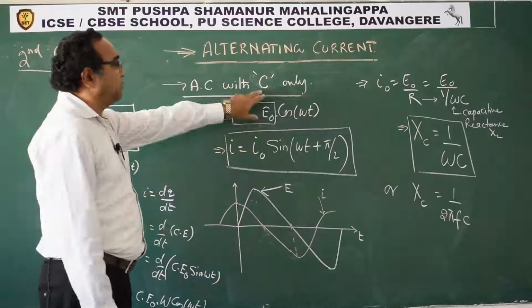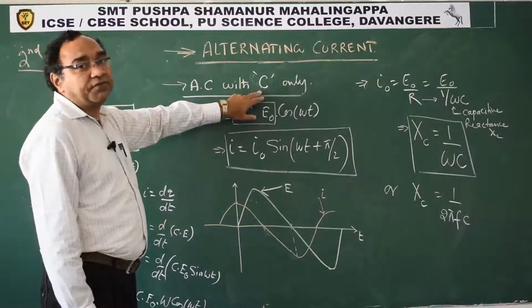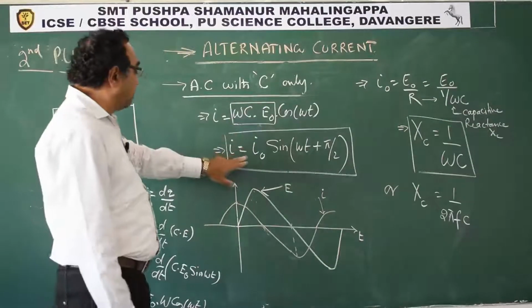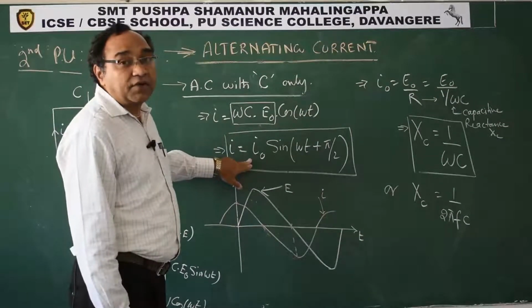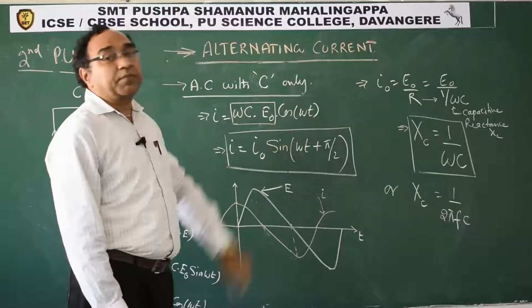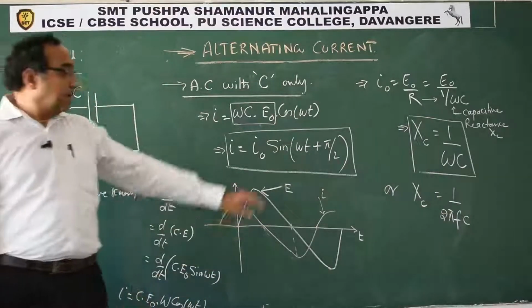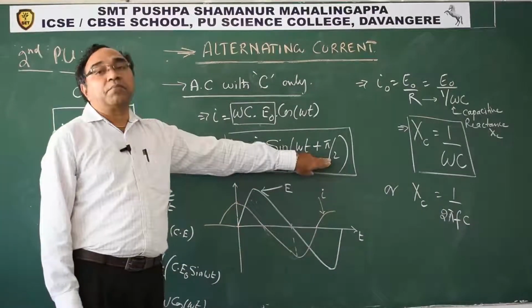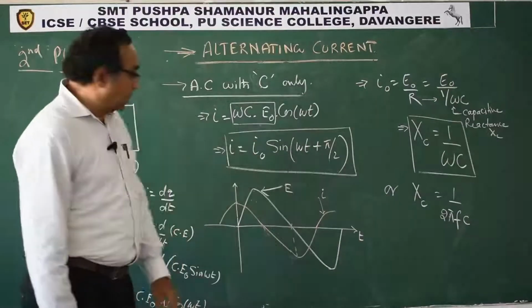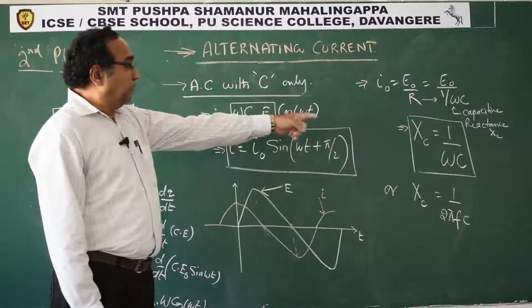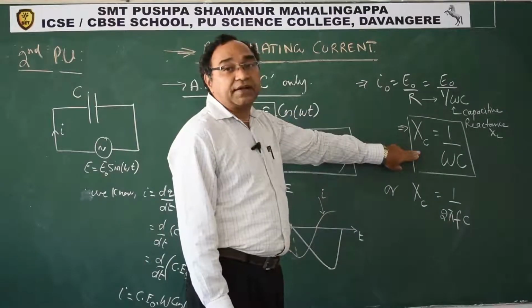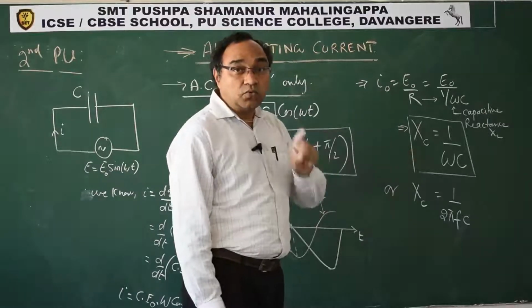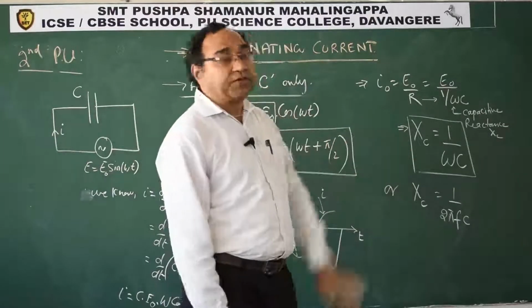Finally, the AC circuit which contains C only, we have found the expression for the current: I equals I naught sine of omega t plus pi by 2, which means that current leads EMF by pi by 2. Again, capacitive reactance is given by 1 by omega C. Capacitive reactance is the resistance offered by a capacitor to a fluctuating AC.